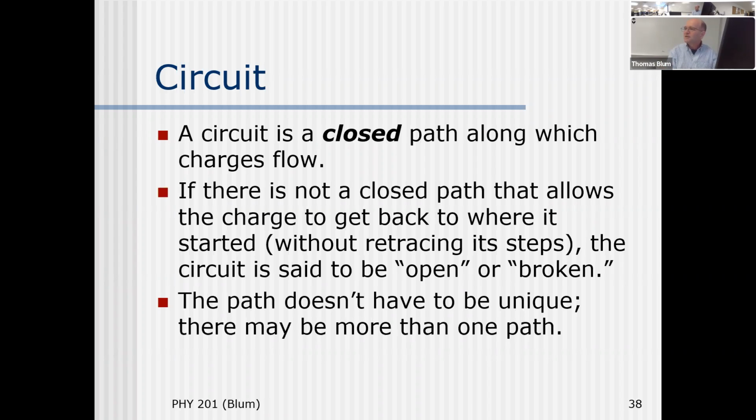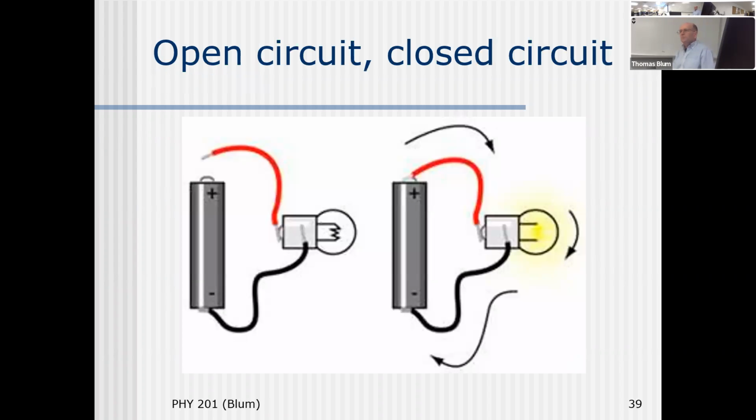Why isn't this path working? Why isn't it a circuit? There doesn't have to be one path. There can be multiple paths, but there has to be at least one path for it to be a circuit. If I have an open circuit, I don't get any action. The light bulb doesn't light. If I have a closed circuit, then the light lights.